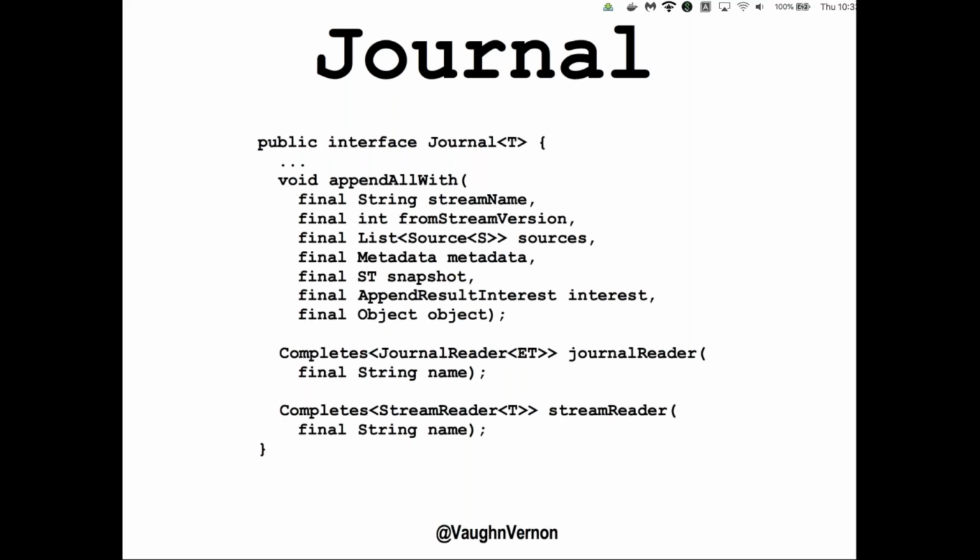And the stream reader is how we read a single stream, such as a unique rate. So when we need to recover the rate instance, a given rate instance with a unique identity, we use the stream reader. Both of these have names. That means that you can create unique readers, so you can have any number of journal readers or any number of stream readers open at any given time.